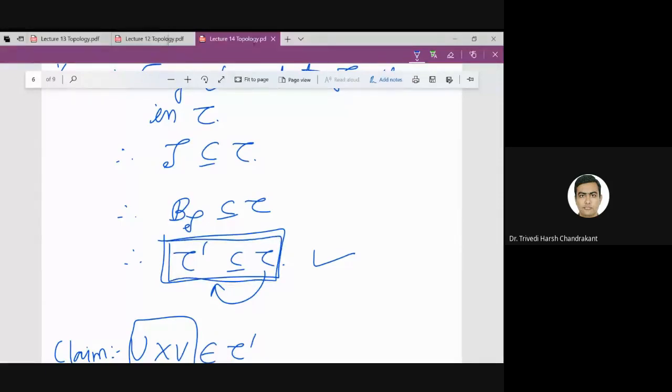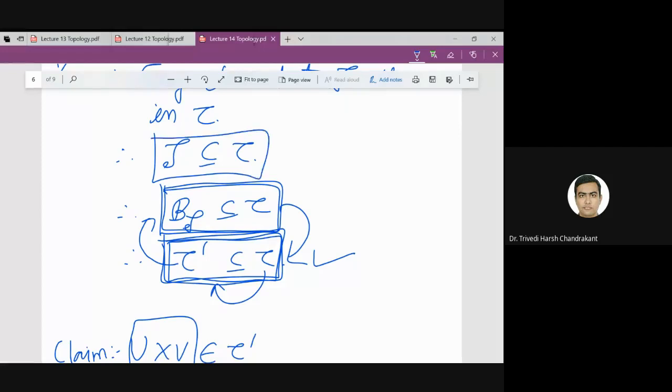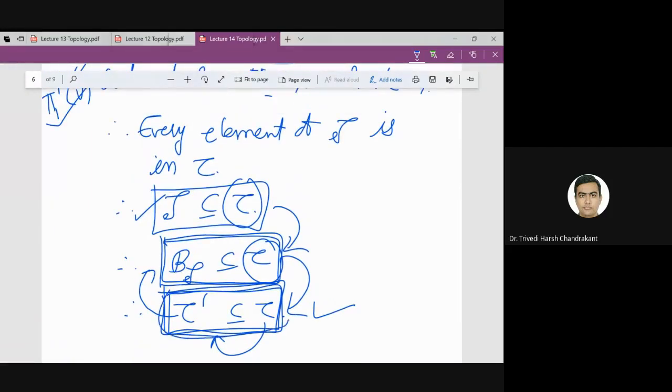To show tau dash is contained in tau, I will first show the basis of tau dash is contained in tau. To show the basis is contained in tau, it is enough to show the subbasis is contained in tau. Once I prove this, this will follow, because a topology is closed under finite intersection. So essentially, to show tau dash is contained in tau, I have to show every subbase element is contained in tau.